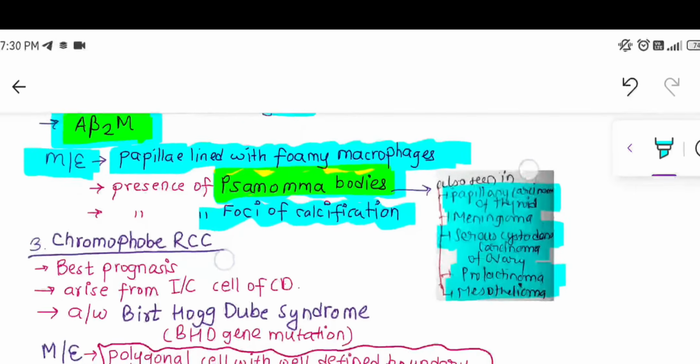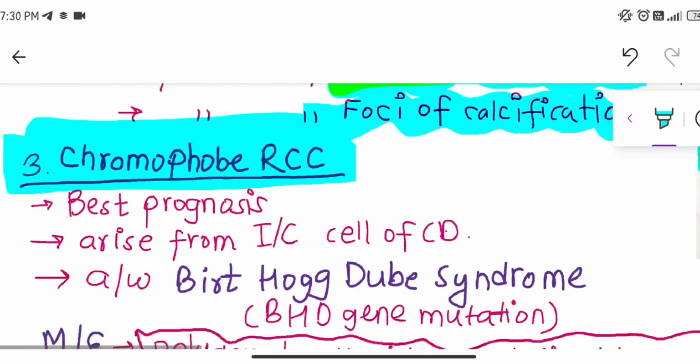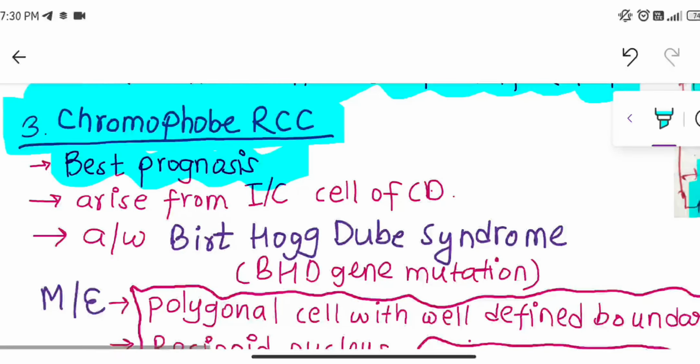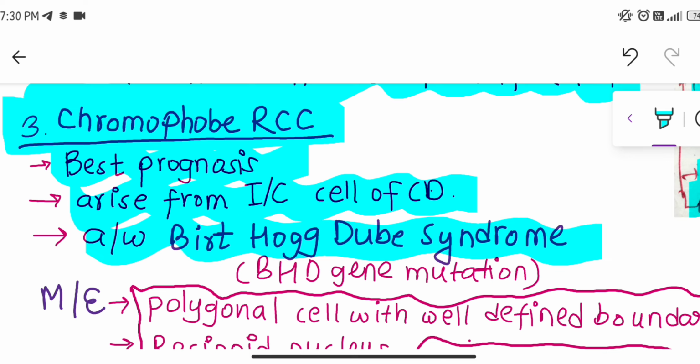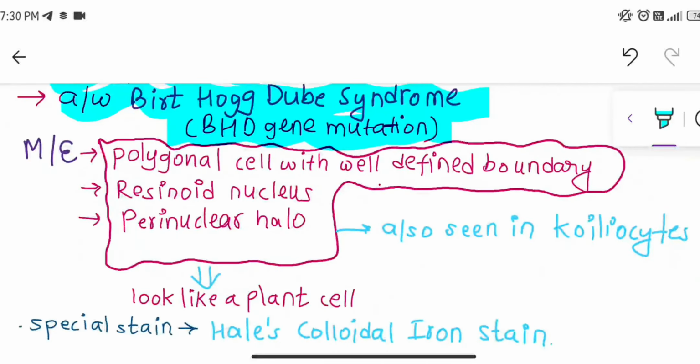The other histological type of renal cell carcinoma is chromophobe renal cell carcinoma. It has the best prognosis. If it is diagnosed on time, it can be cured. It arises from the intercalated cells of the collecting duct, and it is associated with Birt-Hogg-Dubé syndrome. BHD gene mutation occurs in chromophobe RCC. Now, what are the microscopic features in chromophobe RCC?